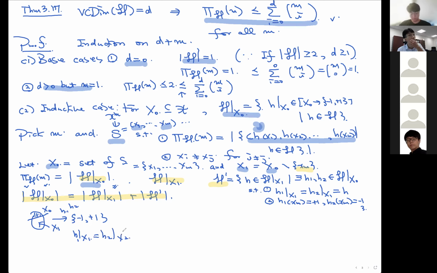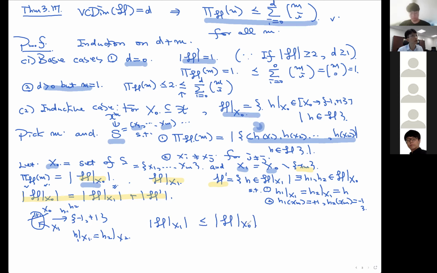One thing you can immediately see is that the cardinality over x1 is smaller than or equal to the cardinality over x0.